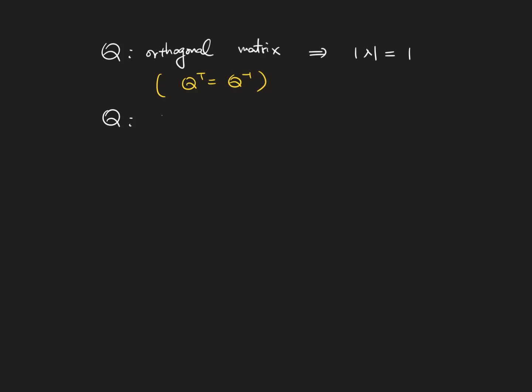For an orthogonal matrix, the property is Q transpose is Q inverse, and the absolute value of lambda is equal to 1. If Q is skew symmetric, meaning Q is equal to minus Q transpose, in this case lambda is pure imaginary.